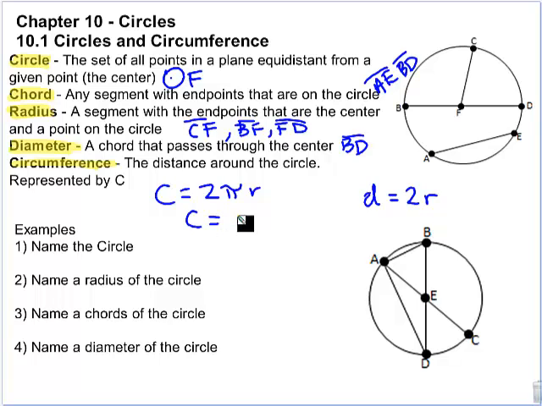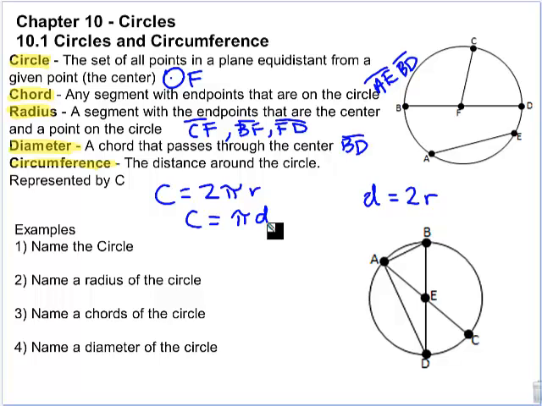Pi d. Why would it be pi times the diameter? Here we have a 2r, and diameter is 2r. So if I tell you the diameter of a circle is 10, what's the radius? 5. Good. If the radius of a circle is 13, what's the diameter? 26. Everyone remember that relationship?